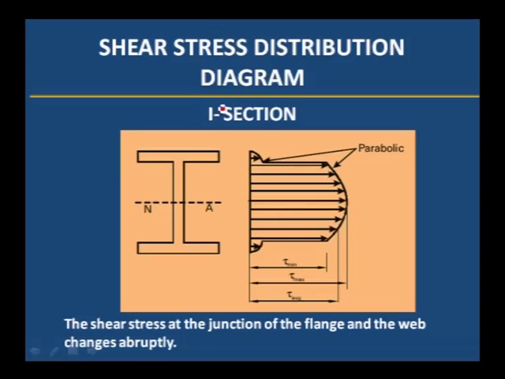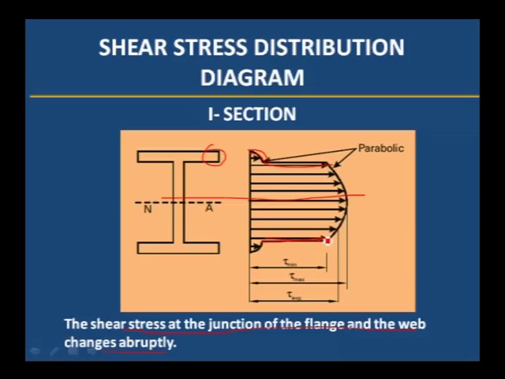Next, let us see the I section. You can observe that shear stress is small at the flange, and at the junction of flange and web it suddenly, abruptly increases.